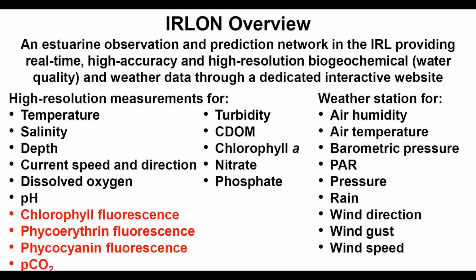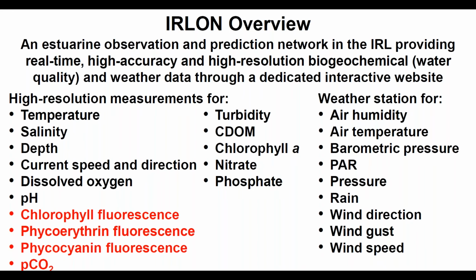Next slide. This observation and prediction network is providing real-time, highly accurate, high-resolution biogeochemical and weather data, which I think is really important to also have, through a dedicated interactive website. You can see the long list of parameters, and it's an extensive list.